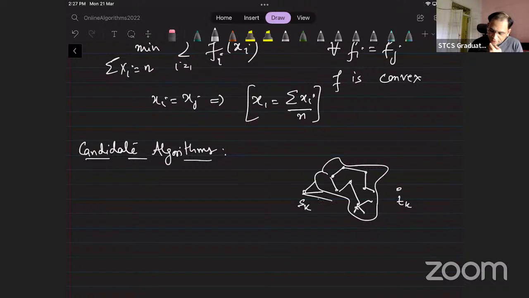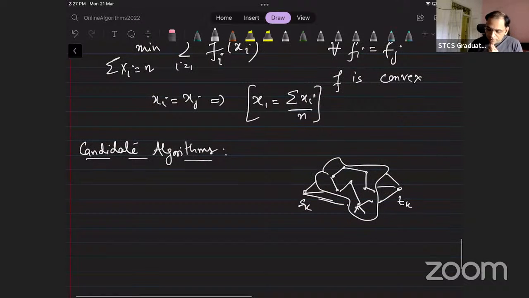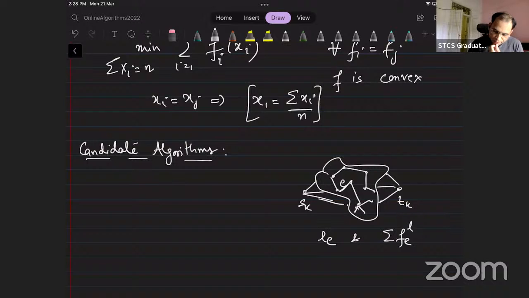So these are your connections to the network, and for each edge here, I know L sub E and the summation of f sub E i, i going from 1 through k minus 1. This is what I know currently. For each edge, I know the latency function and the current amount of flow going through it. And I have this new demand dk. Now tell me what you want to do.